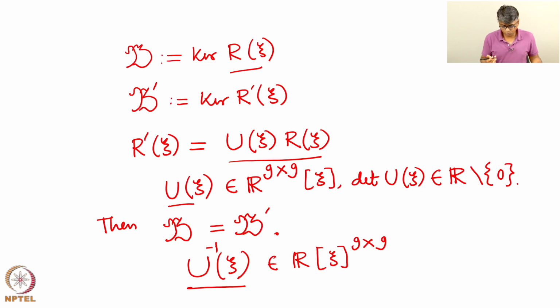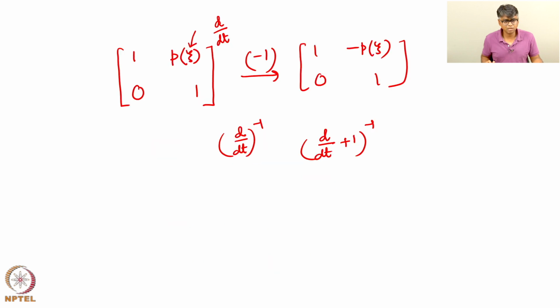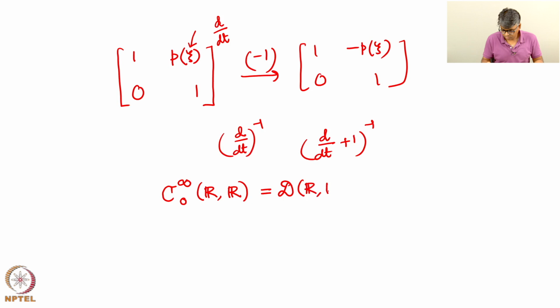If the two behaviors are equal, then at least at this point, it does not necessarily mean that the two kernel representations are related via unimodular matrices. I will give you an example. Think of solutions not over C infinity, but C infinity 0. What does this mean? This also is often denoted by the letter script D. This means C infinity functions with compact support.